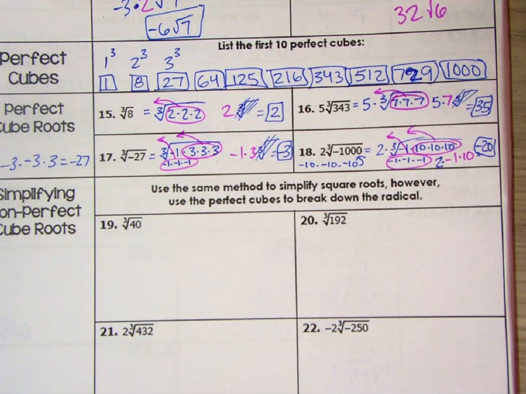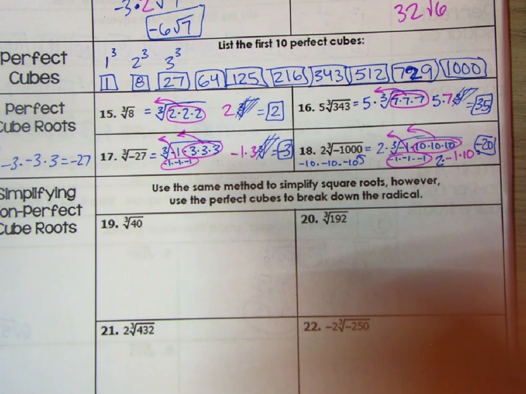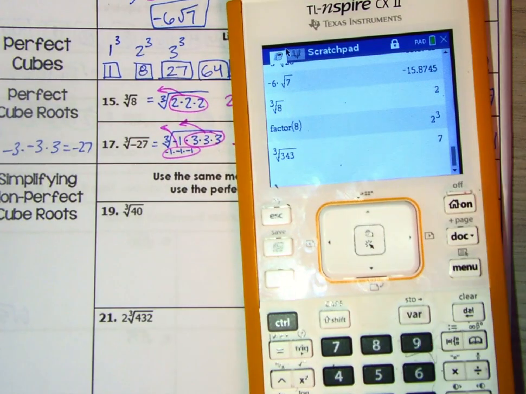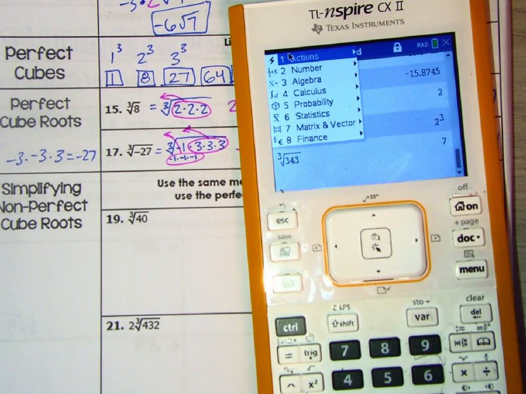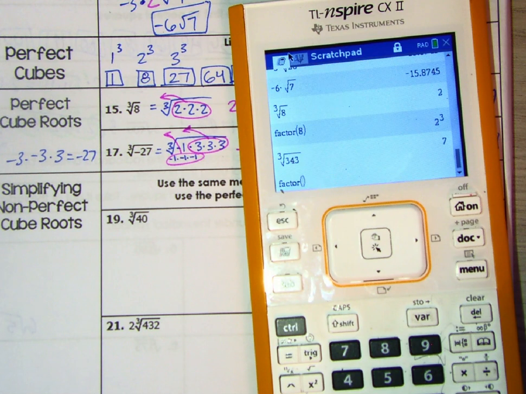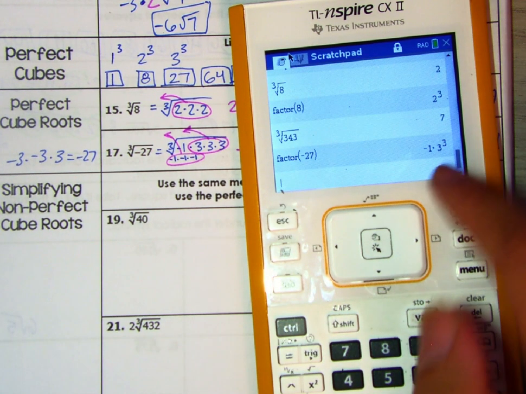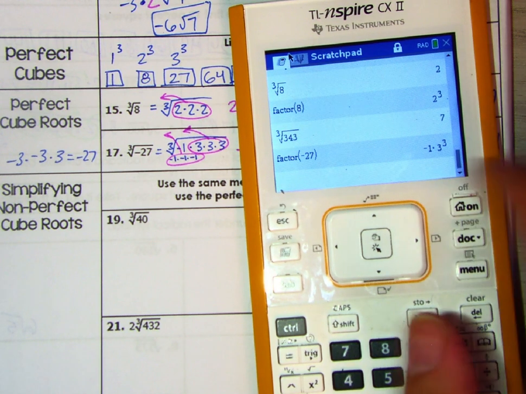The next one has a negative on the radicand. So that negative on the inside, if you do it this way with the menu, number, factor, and then you type negative 27, you get this part, negative 1, separate from 3 to the third power.